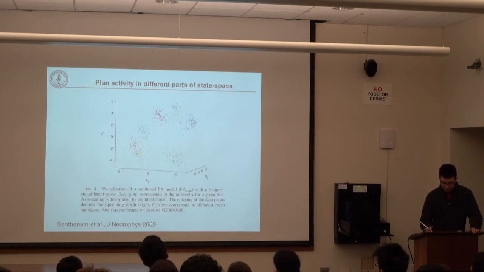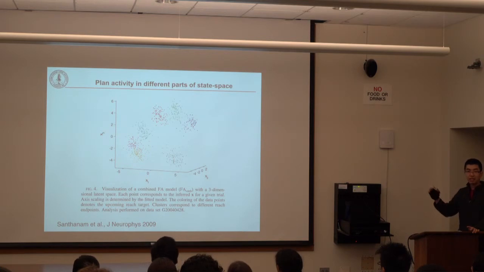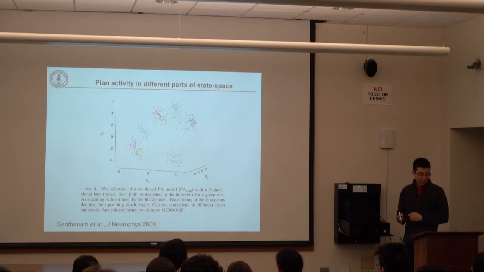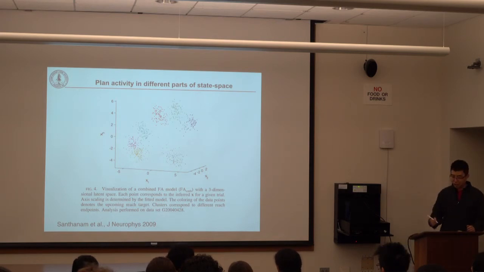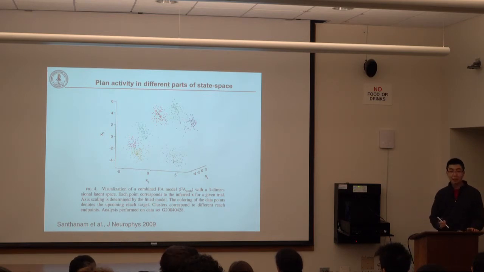And so I just want to show two more examples. One is for decoding. If you'll remember for the planned reaches, what we did is we decoded the plan activity by integrating in some window of time. And so if you have the monkey plan reaches to 8 different targets, and you color the neural activity in that time window differently for those 8 different targets, and you plot them in a 3D space, what you'll notice is a topographical organization.